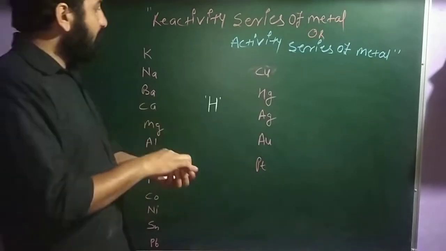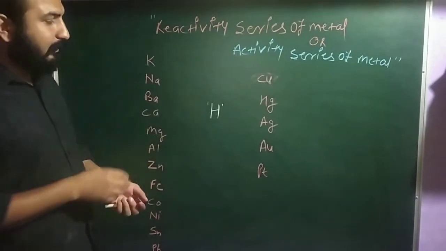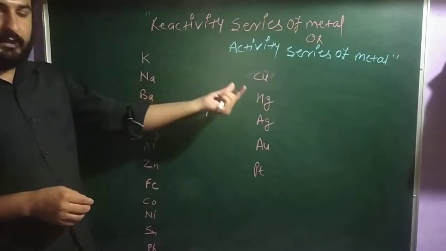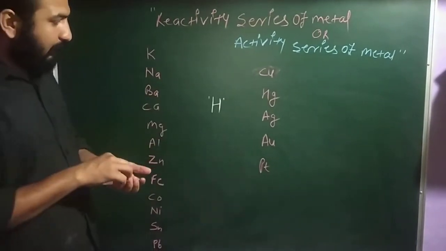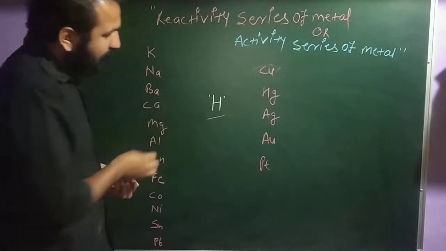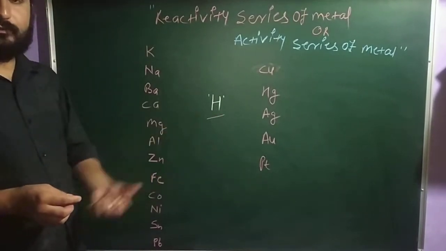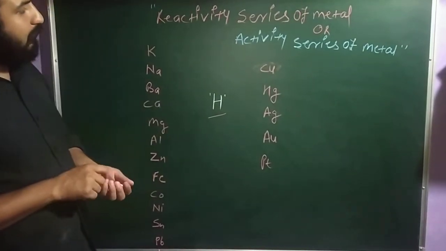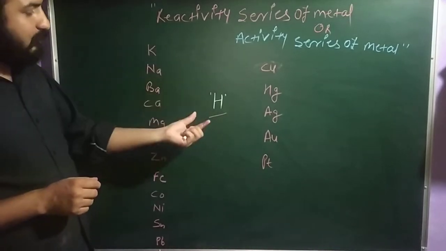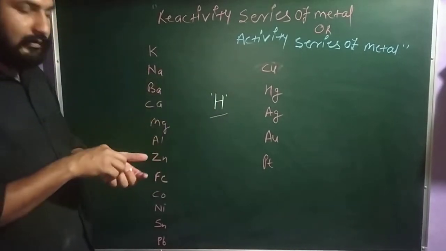Let's start. As you are seeing here, there are some metals, and here also some metals, and in between you are seeing hydrogen. Clear? So in the reactivity series, hydrogen is taken as the middle.